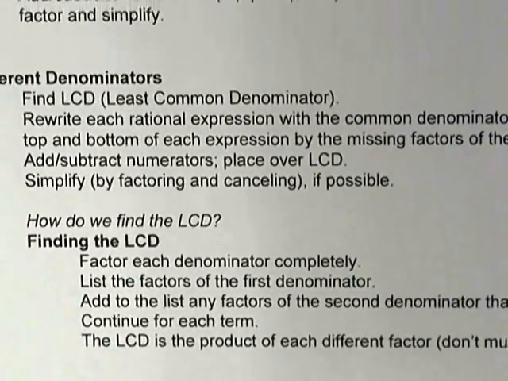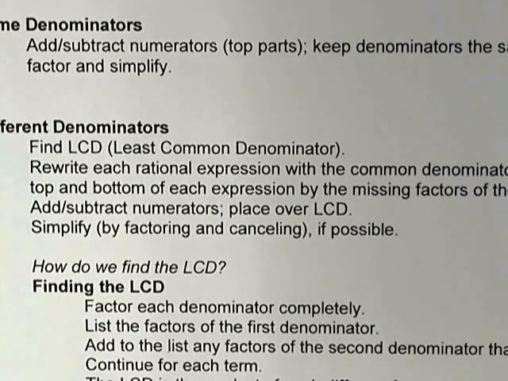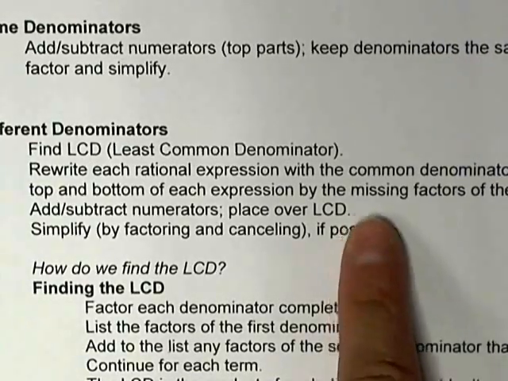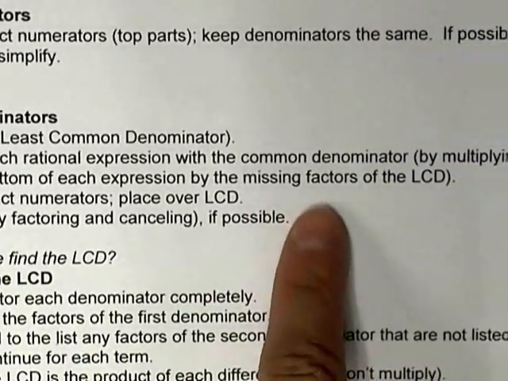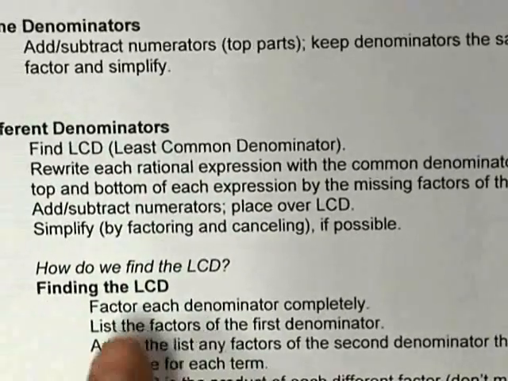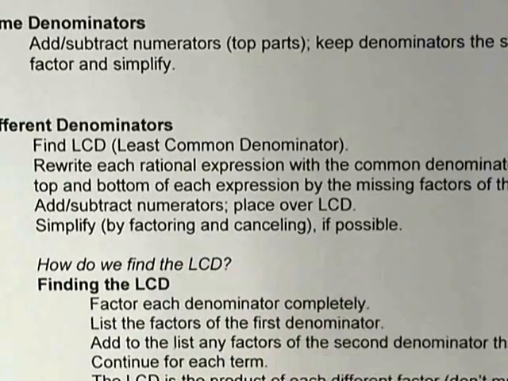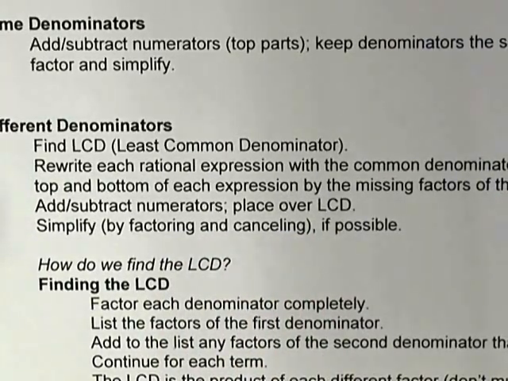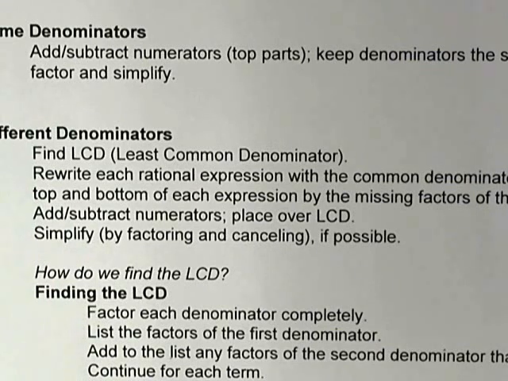So once you find the LCD, you multiply top and bottom of each fraction by the missing factors. Then you add or subtract the numerators and put it on top of that same LCD. And simplify by factoring and canceling if possible. Remember, when you are subtracting, you may have to distribute through a negative sign into that second fraction to make sure that your signs are correct.